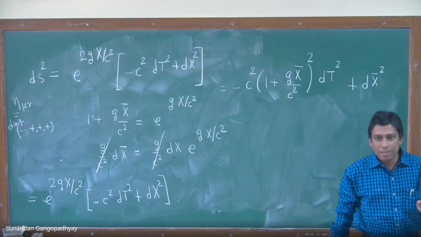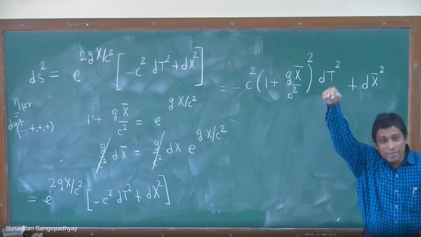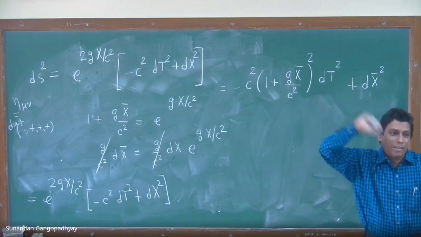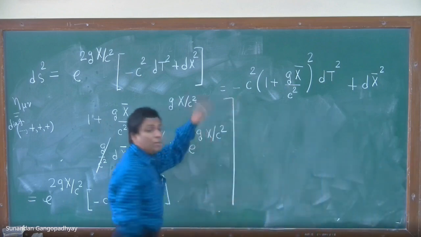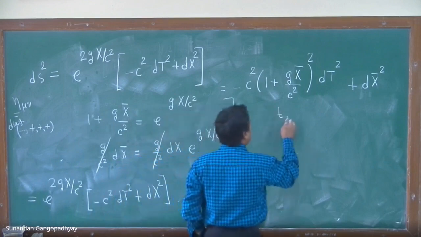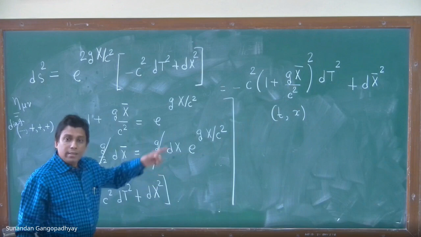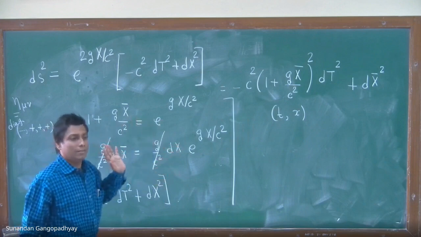In the freely falling elevator, there is no gravity, right? Locally there is no gravity. So this problem, when you turn back by the equivalence principle, you go back to these coordinates t comma x. In that t comma x, now you assume that there is a uniform gravitational field.